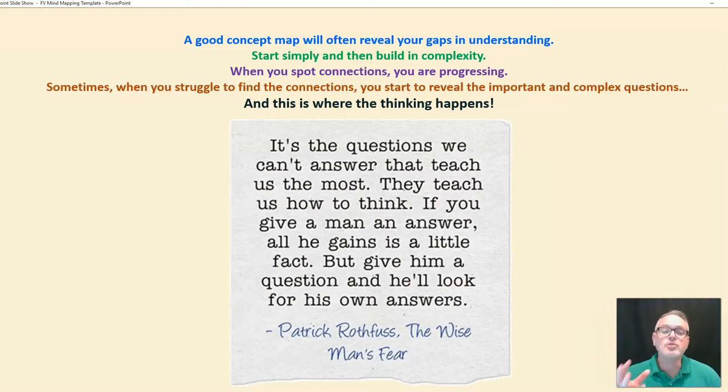The questions that you struggle to answer teach us how to think. If you get your answers too easily, perhaps they're only easy answers. But when you develop hard questions, when you find connections that are hard to make, when you're struggling to join ideas, that's where you find your best answers.